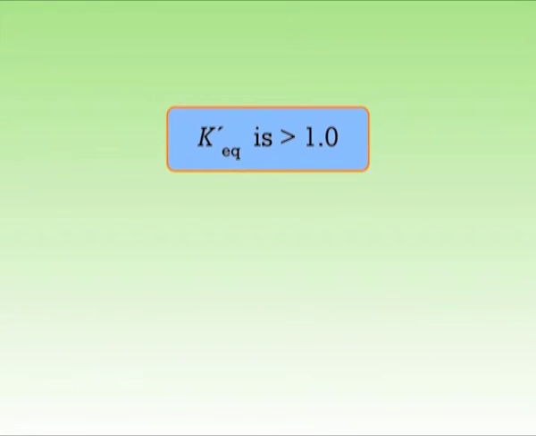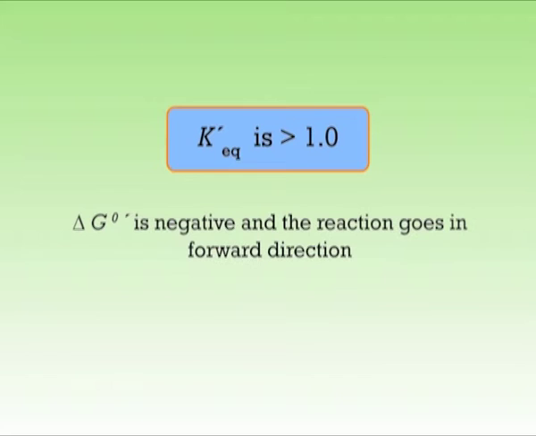We can also say that the standard free energy change of a chemical reaction is simply an alternative mathematical way of expressing its equilibrium constant. From this expression, it is clear that when K prime eq, which is the equilibrium constant, is greater than 1.0, delta G naught prime is negative and the reaction goes in the forward direction.